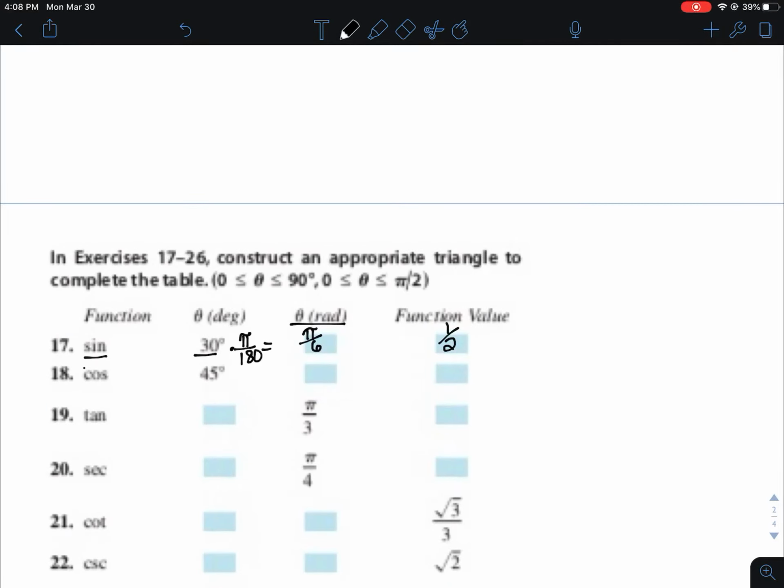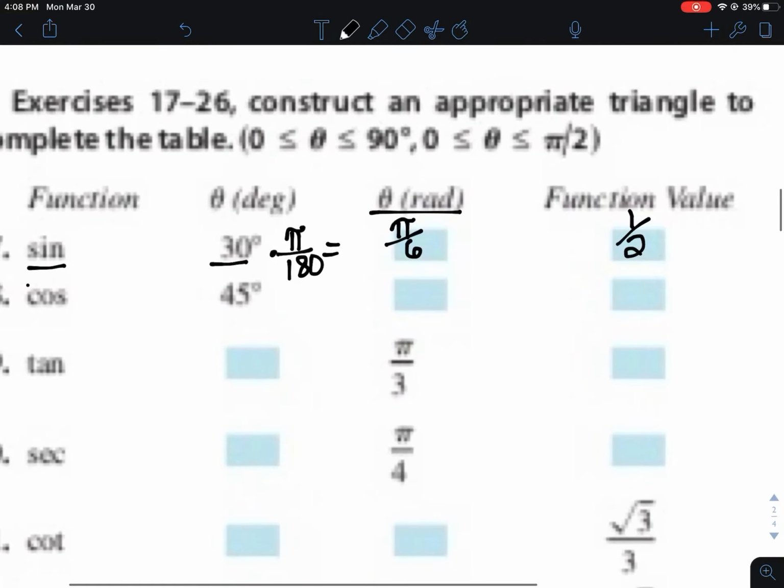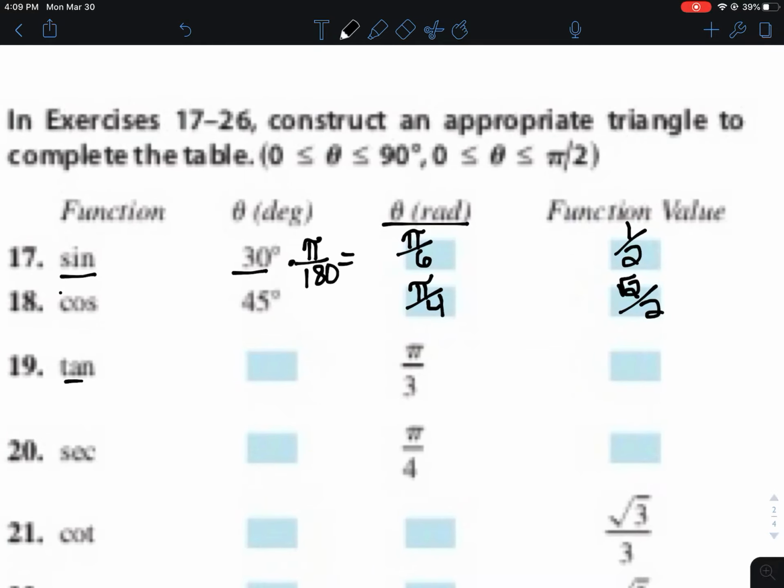All right. Now let's look at cosine. Cosine for 45 degrees, that's going to be pi over 4. Well, we know if we go to 45 degrees or pi over 4 on our unit circle, the cosine is the square root of 2 over 2. All right, then we're going to find tangent.